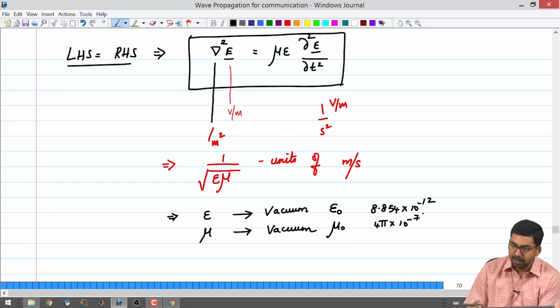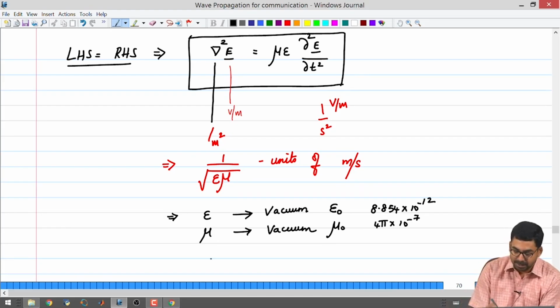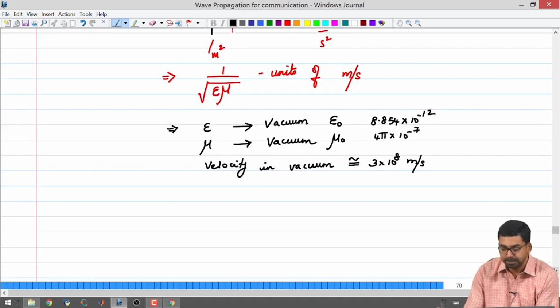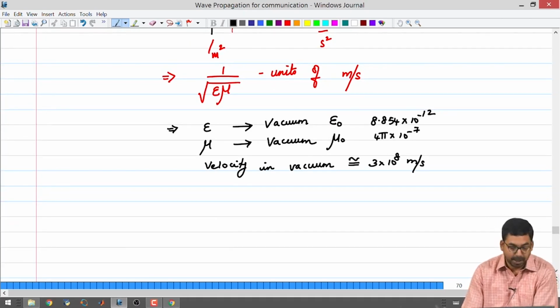Precise values will be something like 2.997 times 10 to the power 8 meters per second, etc. But here we can say that the velocity in vacuum is 3 times 10 to the power 8 meters per second.